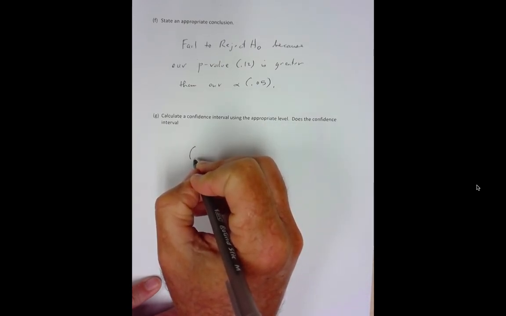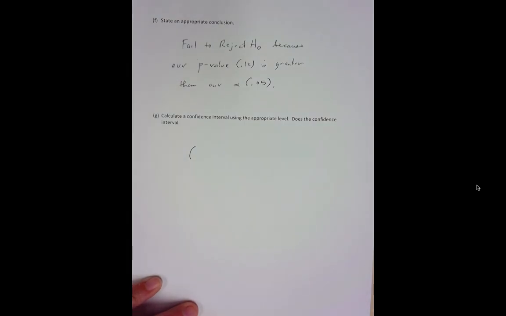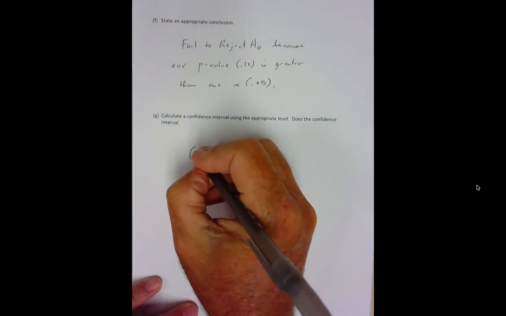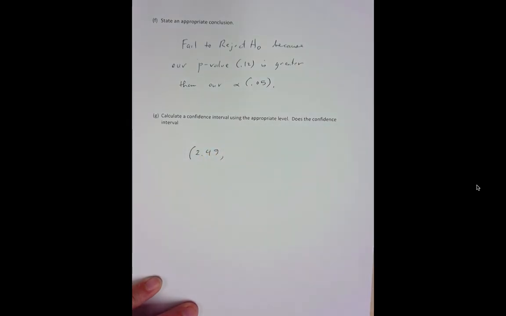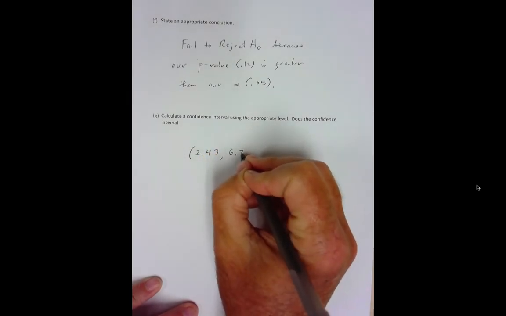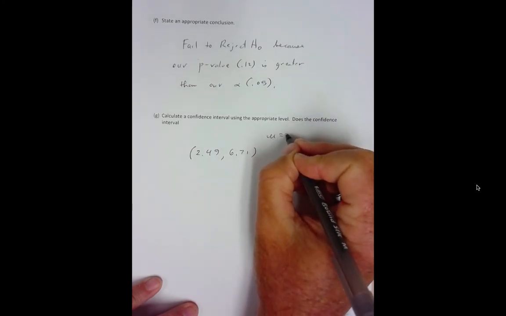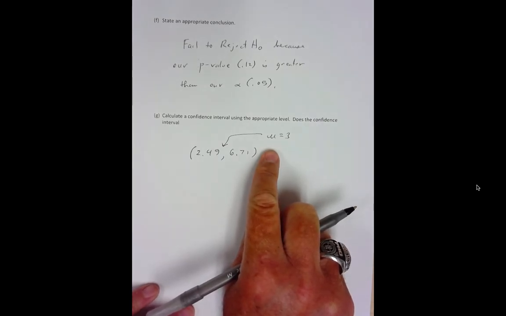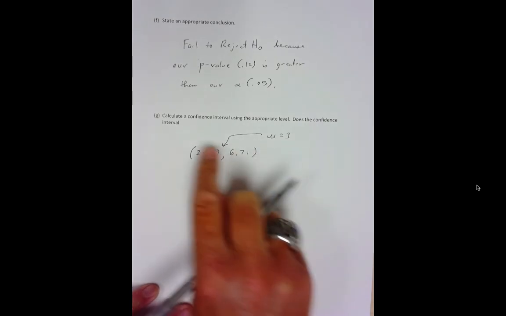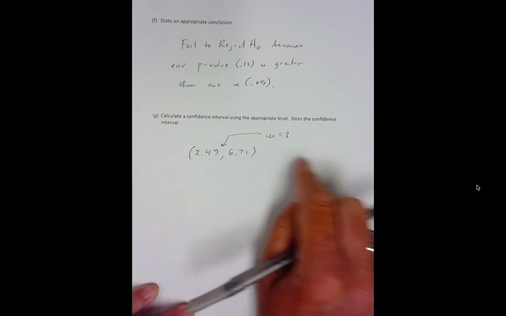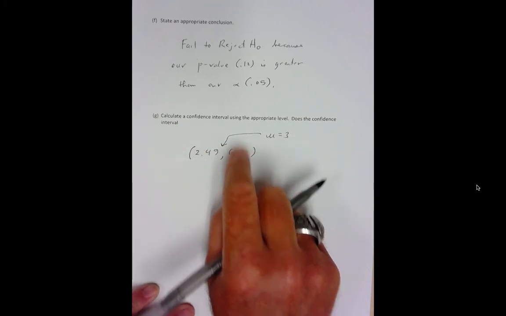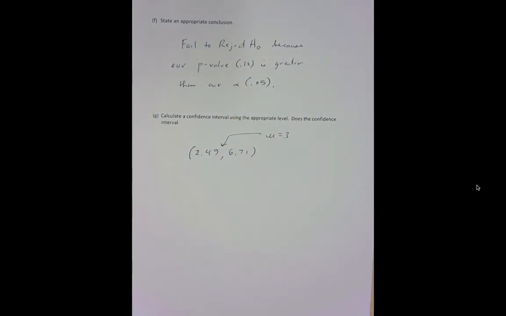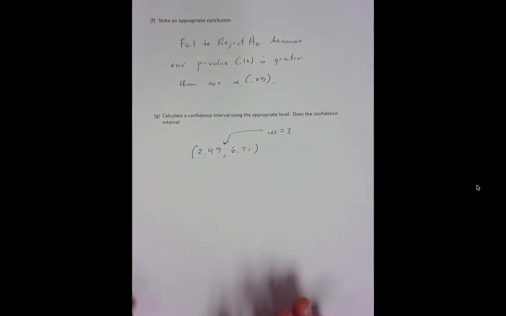What was it? 2.49 to 6.71. And mu equal 3 is contained in this interval. Does the confidence interval validate? What it does, because it's contained in there, is support the decision from the test of hypothesis. Now, it's not always going to do that.